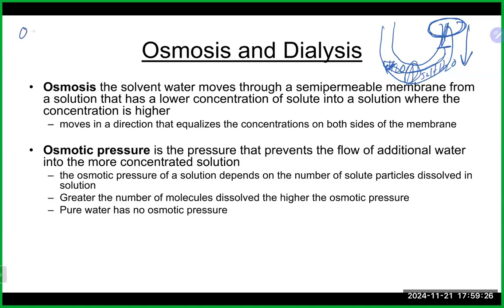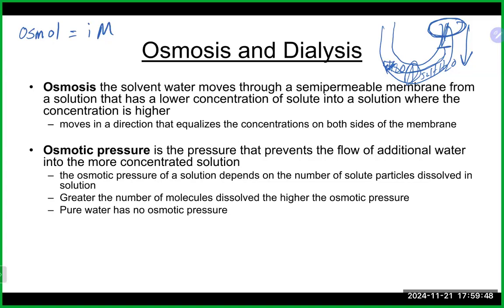Sometimes another unit is used, which is known as osmolarity, to indicate osmotic pressure. So osmol, or osmolarity, is calculated by taking i times M, which is the molarity. So basically the van't Hoff factor times the molarity.